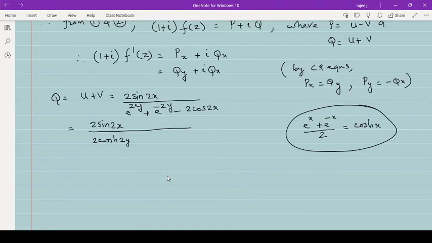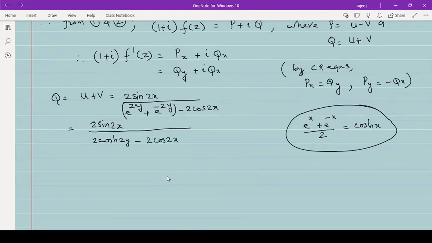Directly use the formula e^x + e^(−x) = 2 cosh x. So here e^(2y) + e^(−2y) will be 2 cosh 2y, minus 2 cos 2x.